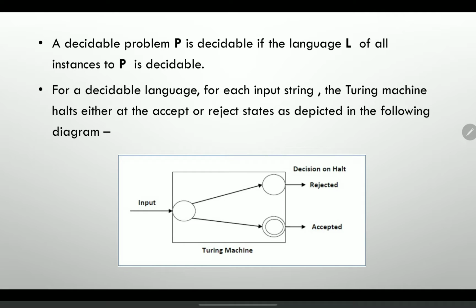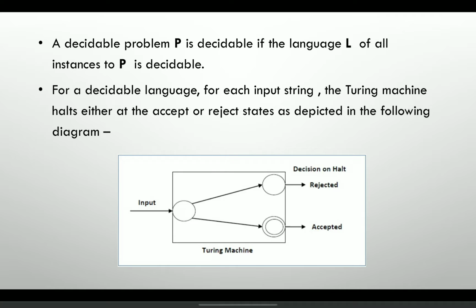A problem P is decidable if the language L of all instances to P is decidable. For a decidable language, for each input string, the Turing machine halts either at the accept or reject states as depicted in the following diagram.